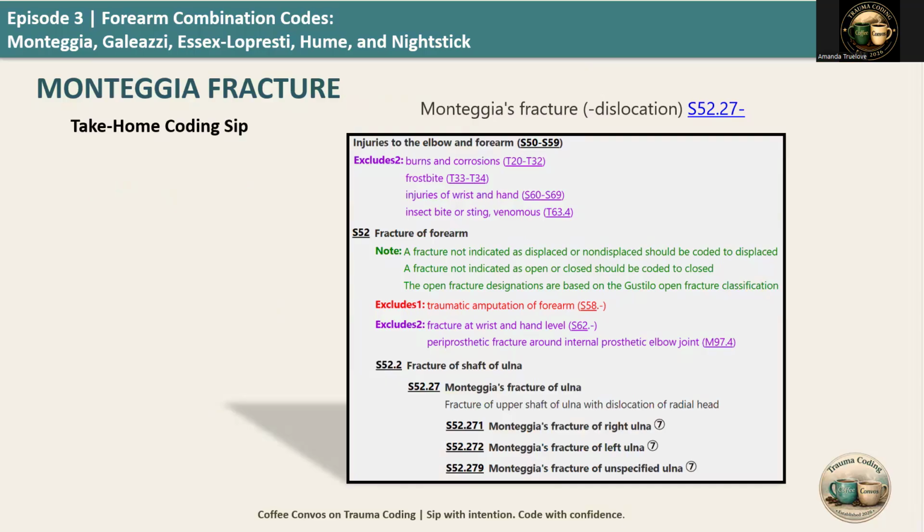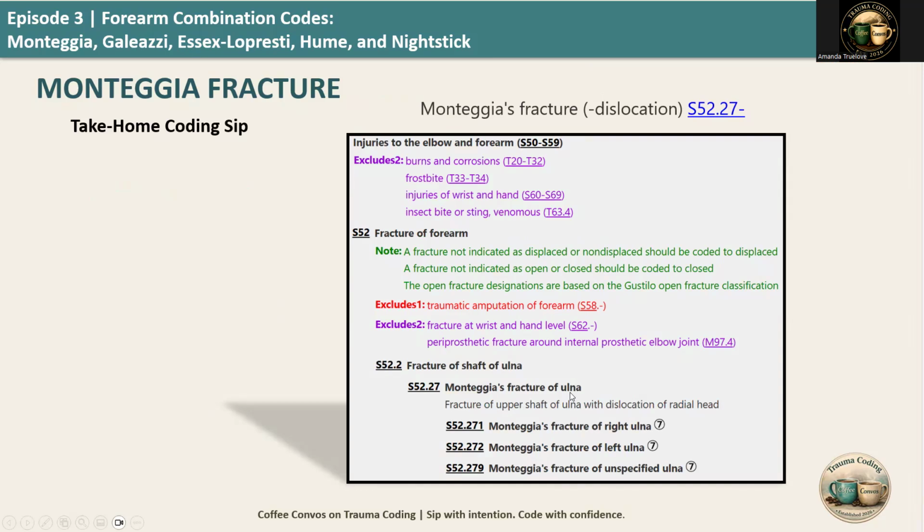Now, you can see here that we have, as part of our conventions, for that fracture of the upper shaft of the ulna with dislocation of the radial head, it's part of the inclusionary terms description for what a Monteggia's fracture actually is.